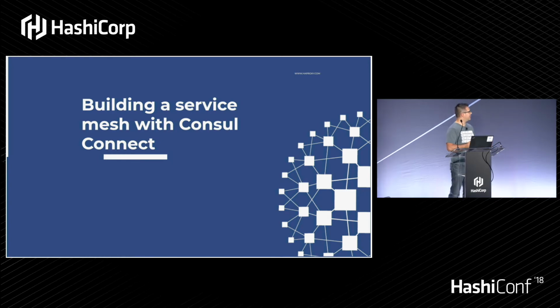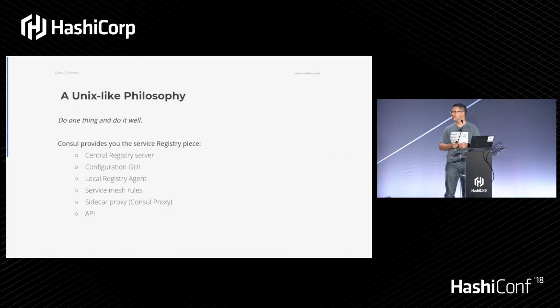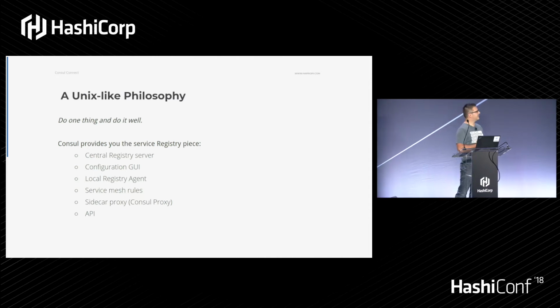Now, we want to build a service mesh using Consul, and the module or the function from Consul to build a service mesh is named Connect. What I like in Consul is that it's a Unix-like philosophy software. Do one thing, do it well.